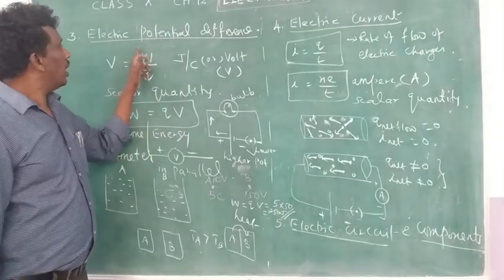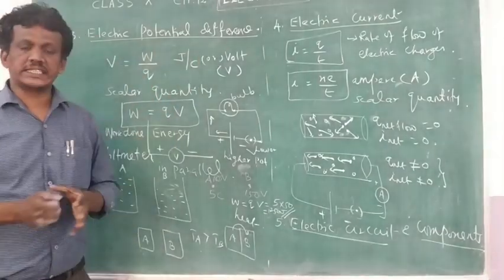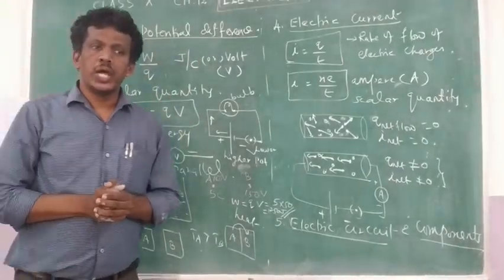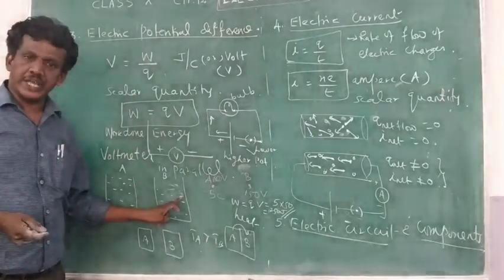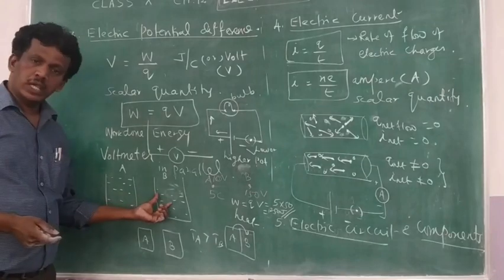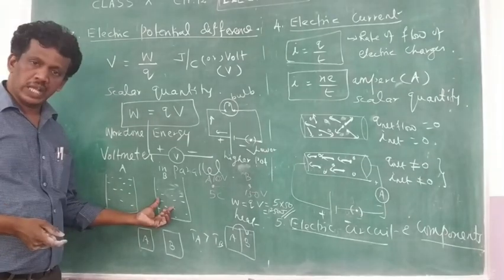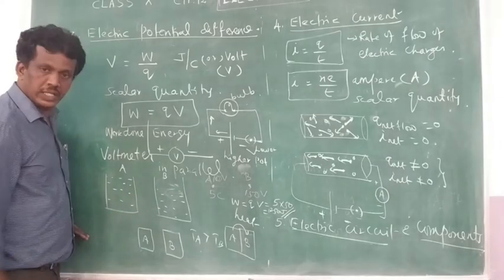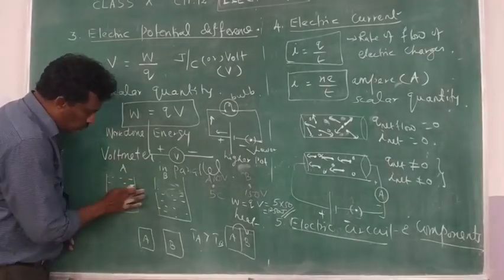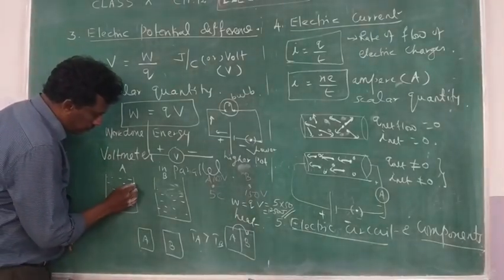Let's discuss electric potential difference. In real life you already know, suppose you have two containers A, B having different amounts of liquid. You can see that their levels are also different. Suppose these two are connected by a pipe.